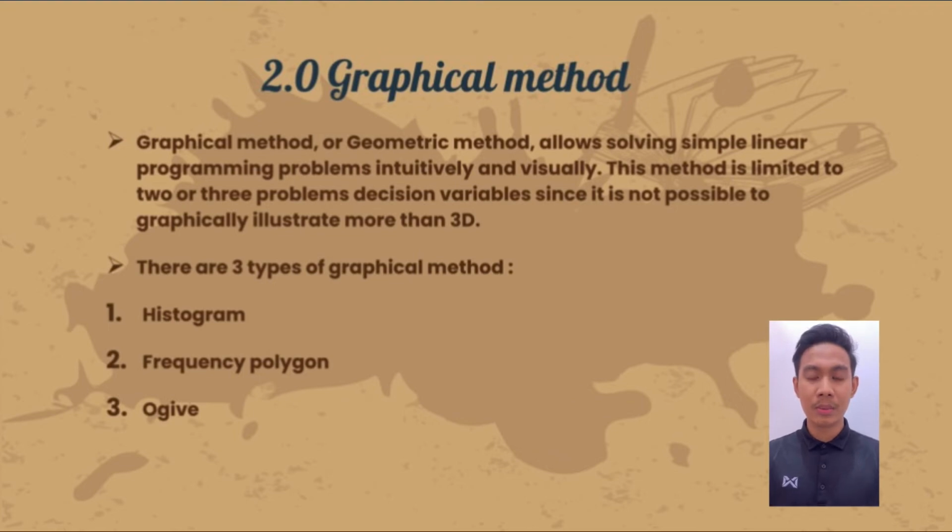This method is limited to 2 or 3 decision variables, since it is not possible to graphically illustrate more than 3D. In the graphical method we use 3 graphs: the first one is histogram, the second one is frequency polygon, and the third one is ogive.